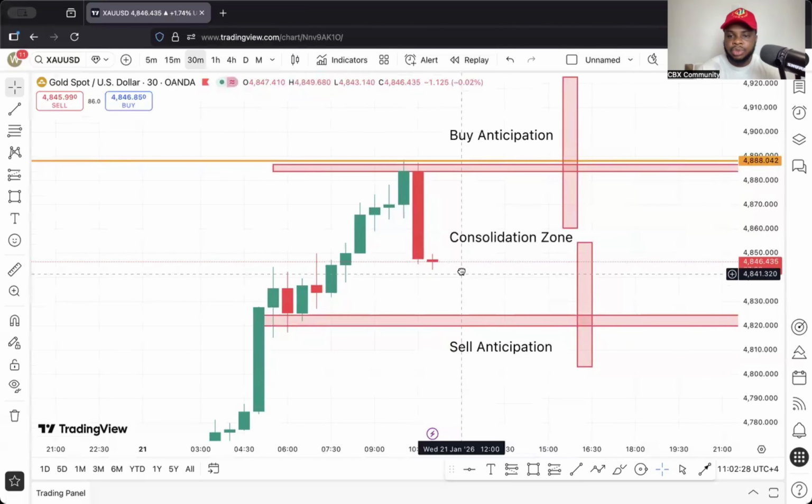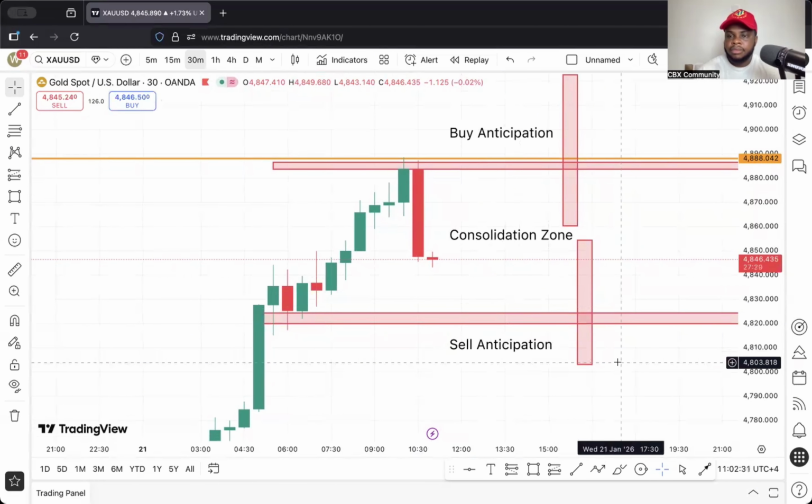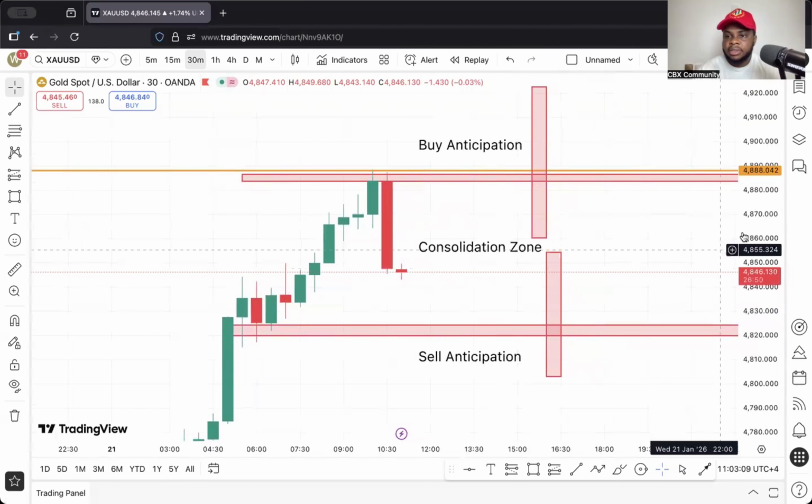So the best thing is just for us to wait, because it's very important for you to know what you're anticipating the market to give to you before you decide to take a position. So right now we don't need to do anything.